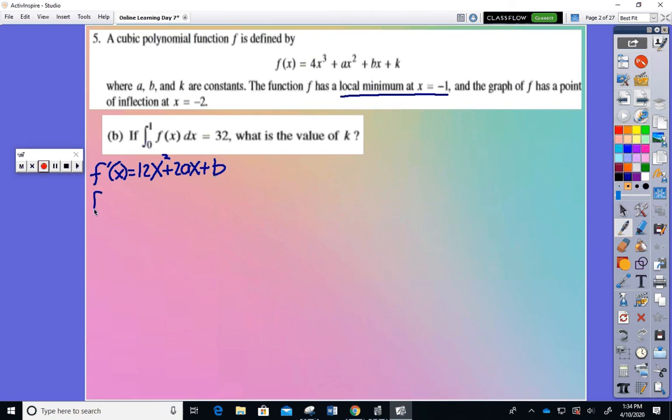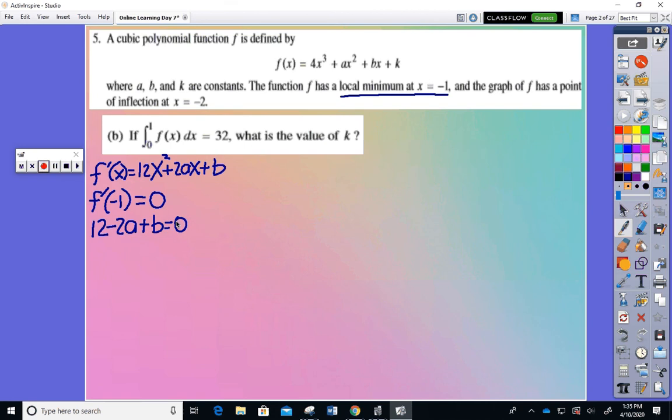So f prime of -1 must equal 0. Let me plug that in: f prime of -1 would be 12 times -1 squared, which is 12, 2 times a times -1, which is -2a, plus b equals 0.